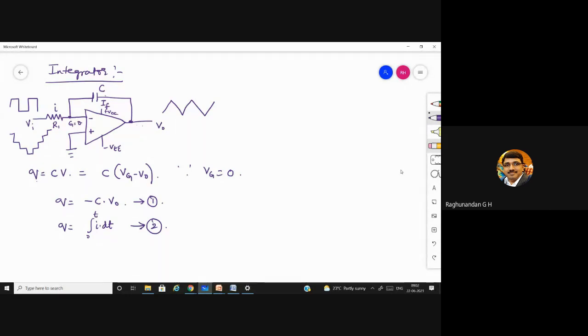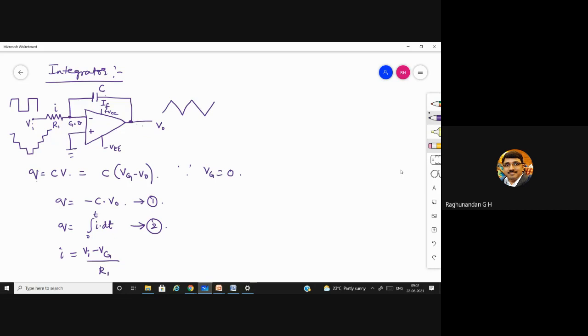Now, the current through the resistance R1 is from Vi to the virtual ground. So we can write an equation for I as Vi minus Vg divided by R1, or you can take it as R, anything you can do.